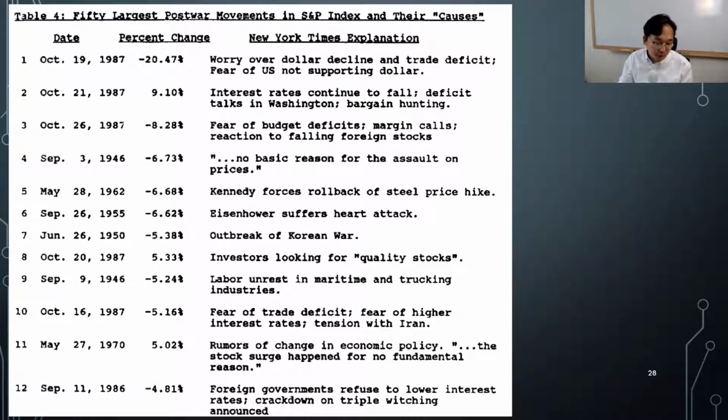But surprisingly, what they found in the next table was that when you look at the magnitude of the return on a given date, right? So for trading dates, it is not the specific event that drives the most significant price changes, but it is usually the sentiment or the psychology that drives the most drastic price movement, right? Price movement. I should be careful in my choice of words, right?